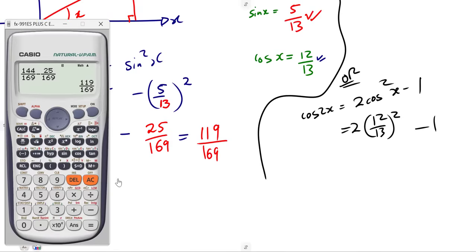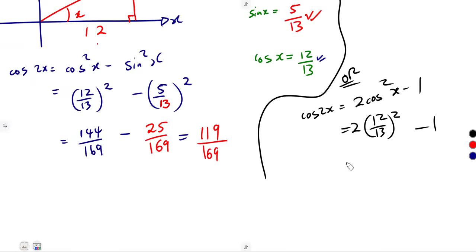Let me just use the calculator, guys, so we don't waste our time. 12 over 13 squared minus 1. So that's it, 119 over 169. As you can see, same answer.